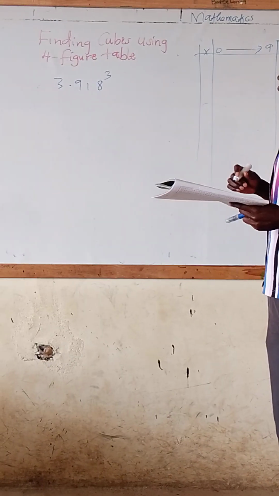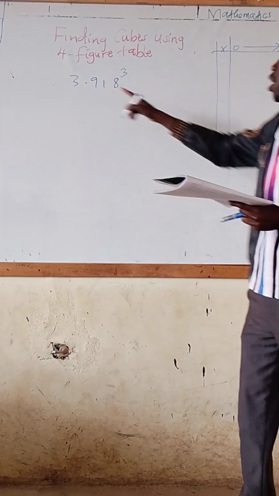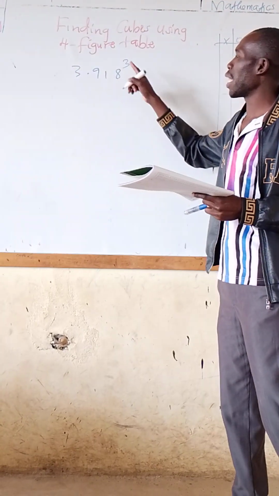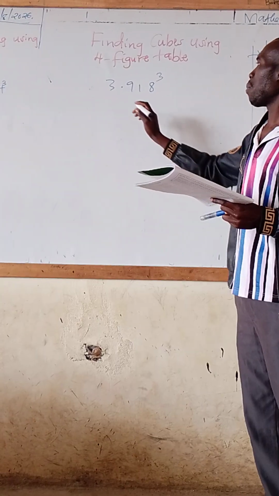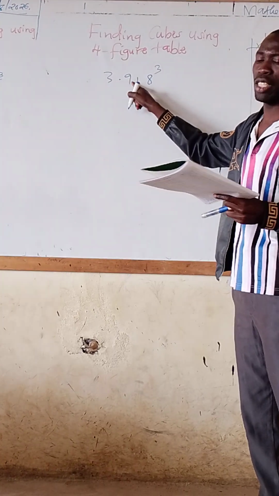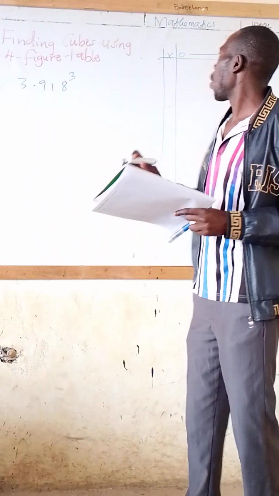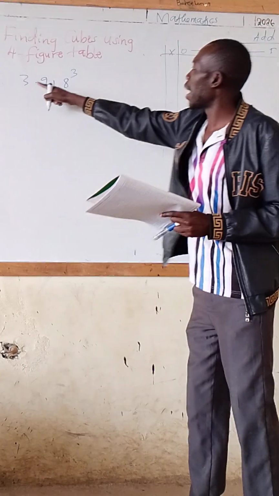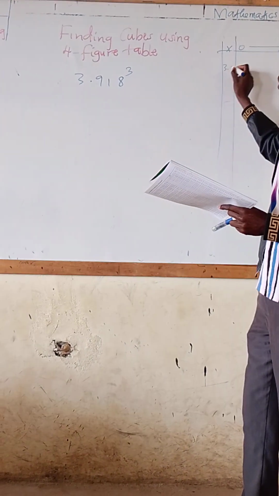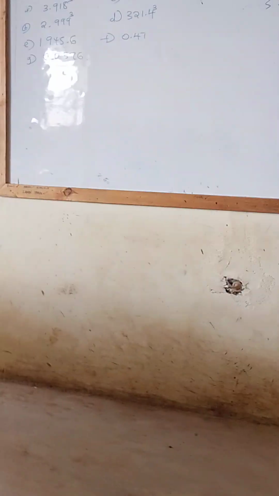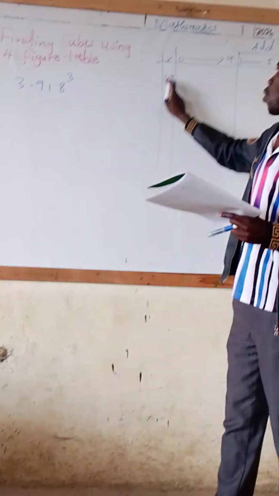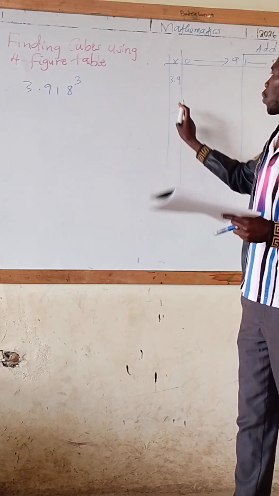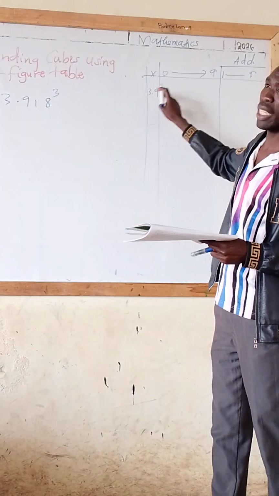So when you want to get the cube of a number, for example, 3.918, then we start with the first one. For us to get this, same as the cube of 3.9, we just go under there where they have written x. We go and check where there is 3.9. 1.0, 1.2. So we go along that line and we'll see where it's written 3.9.